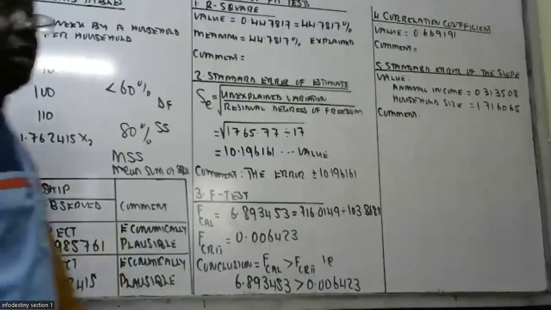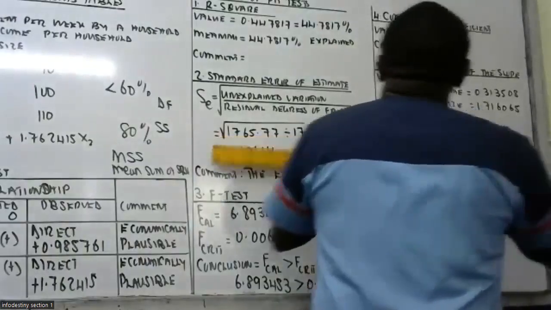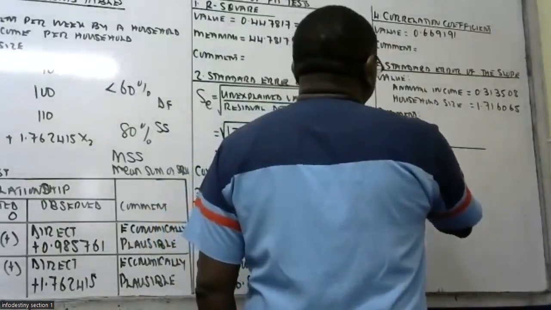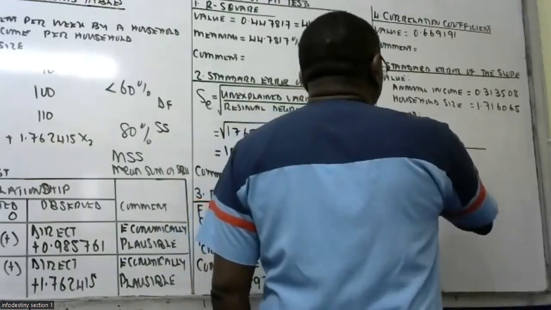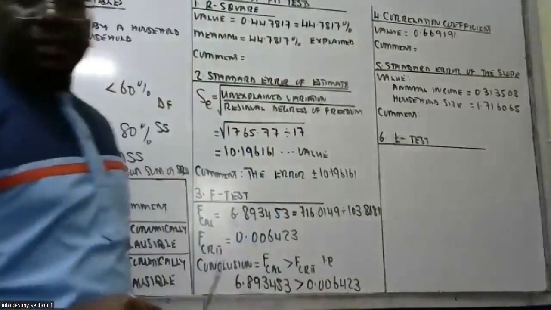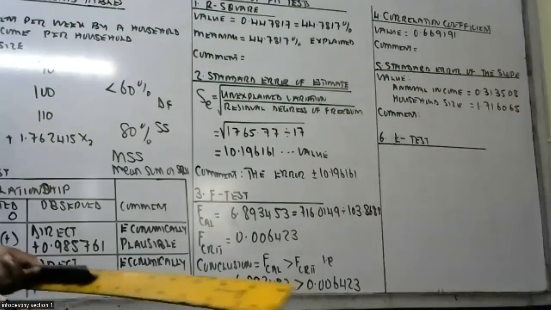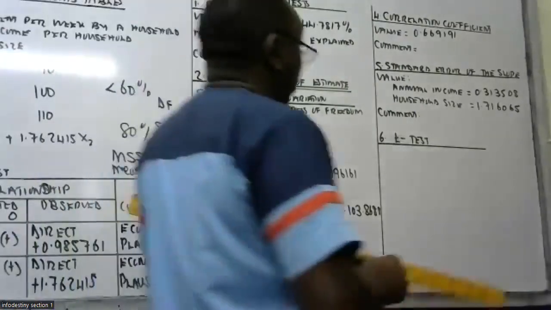Let's move to number 6. Number 6 is the t-test. Now, t-test is used to show the independence of the independent variables. And we can arrange it.